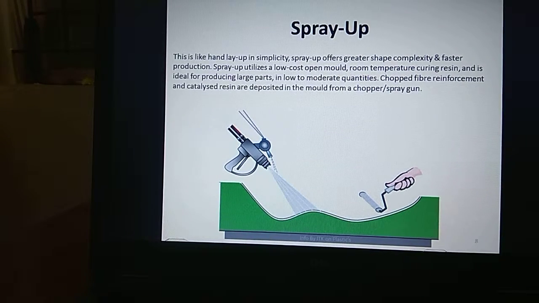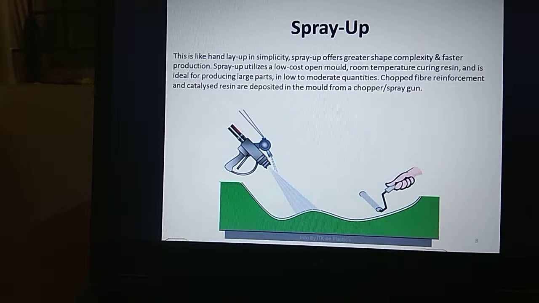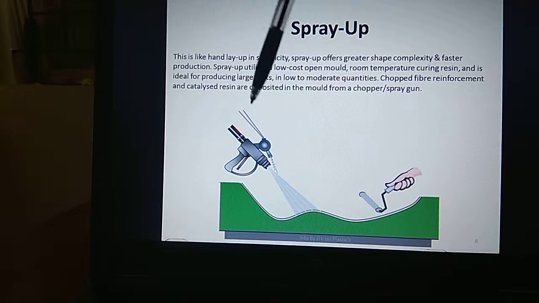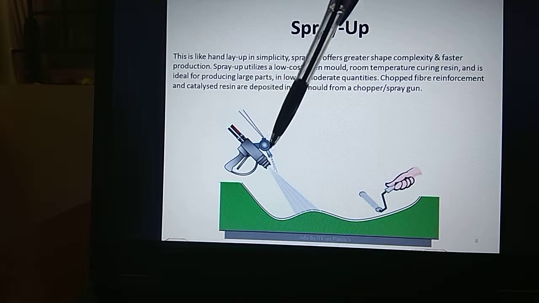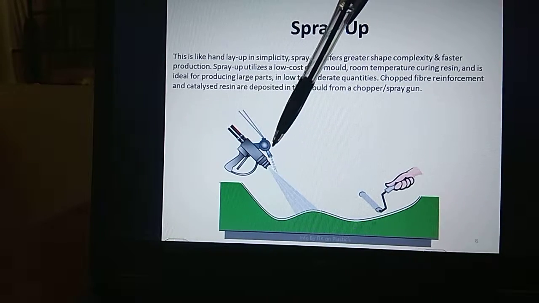As you see in the picture, the chopped fiber reinforcement and catalyzed resin are deposited onto the mold surface by a chopper or spray gun. Here is where the fiber comes in, and there is a mechanism which chops the fiber.